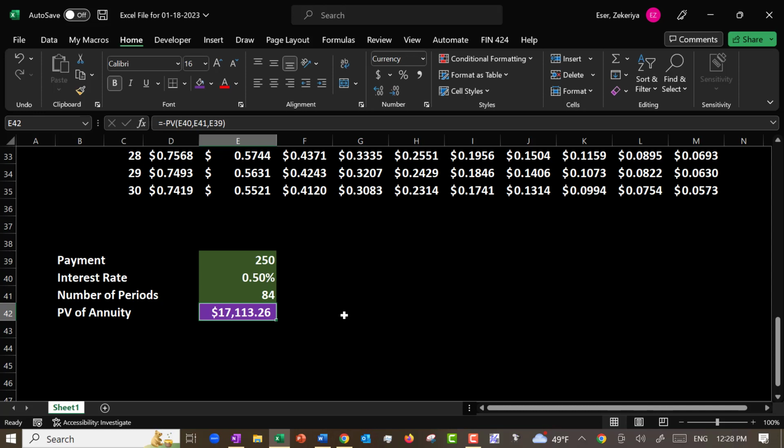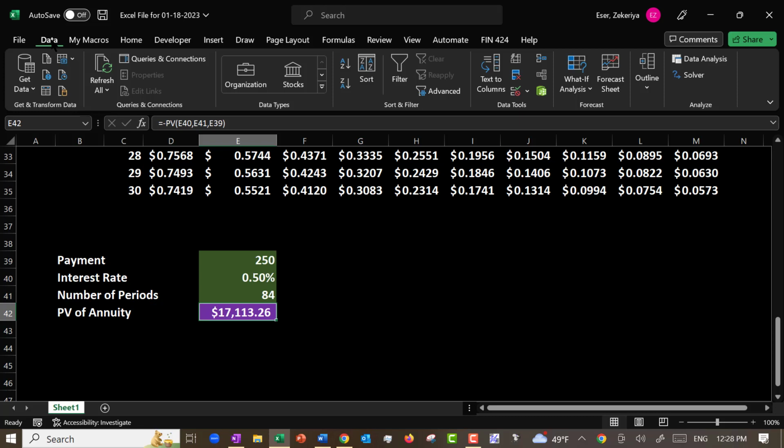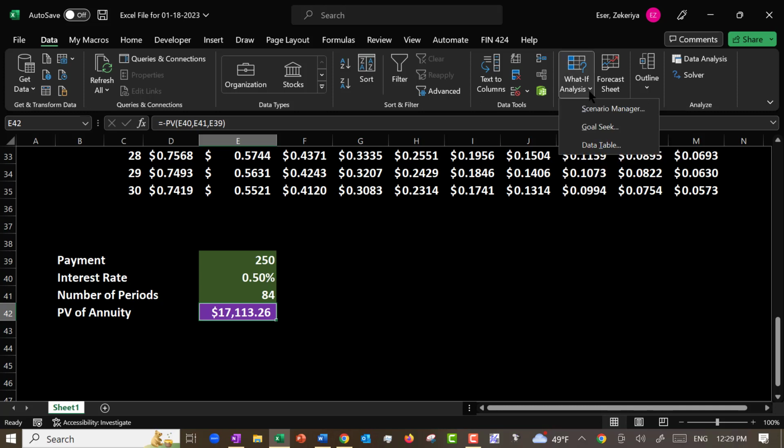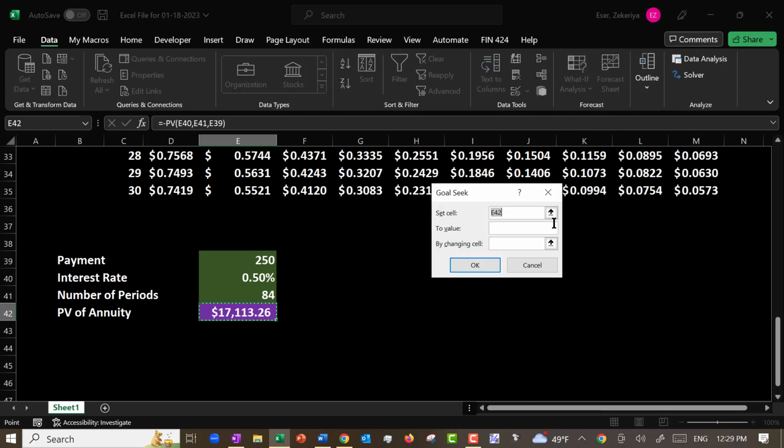We even have a formula for that, but we're not going to worry about that. We're going to do something rather nice in Excel. It's called Goal Seek. It is under Data tab. We're going to do this a lot in this course. At the very end, there is something called What If Analysis. Click on that, hit Goal Seek.